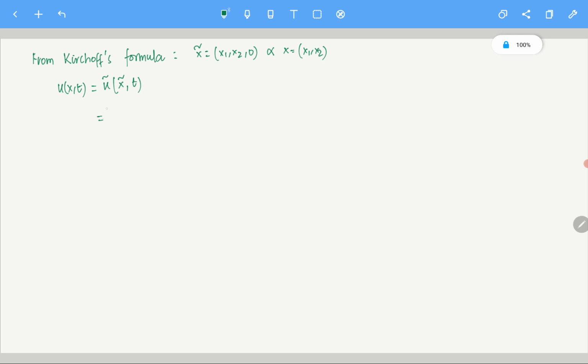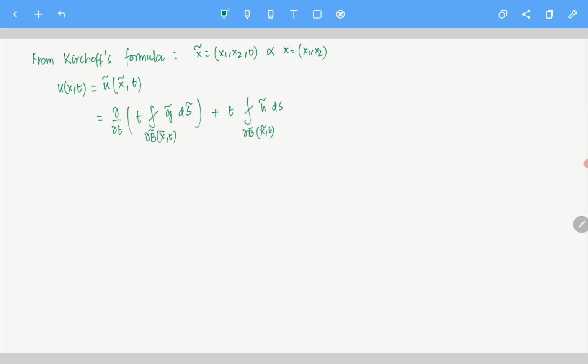Now by Kirchhoff's formula, what do you have? You have something like this, right? It is del del t of t times the average over del B of x tilde, t, of g tilde dS, plus t times, let me write it and then I will explain, the average over del B of x tilde, t, of h tilde dS.